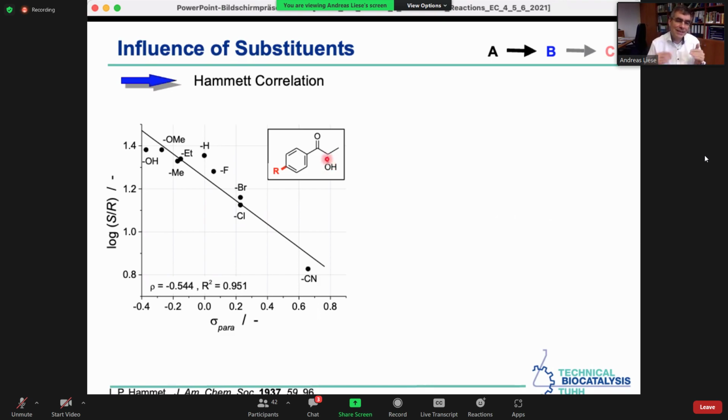So if the EE is not 100%, then we have a specific ratio S to R, and because of the Hammett analysis, we have the logarithmic ratio S to R. And this is plotted as a function of the substituent parameter, the sigma constant, and para means the residue is opposite to the other function.